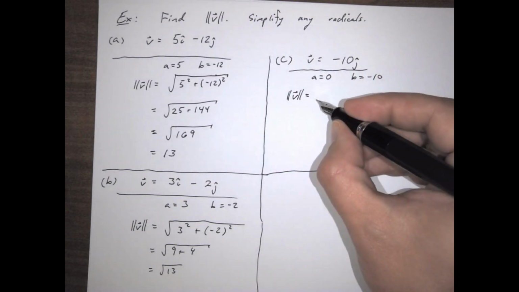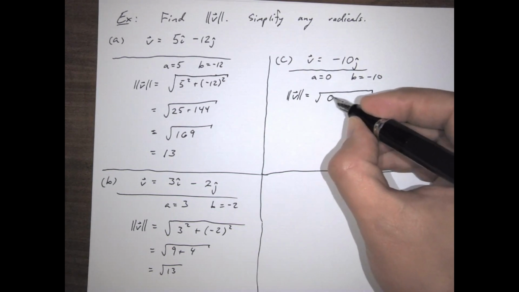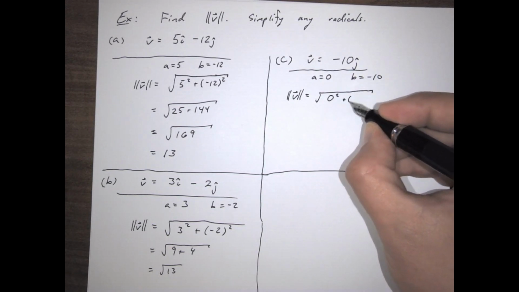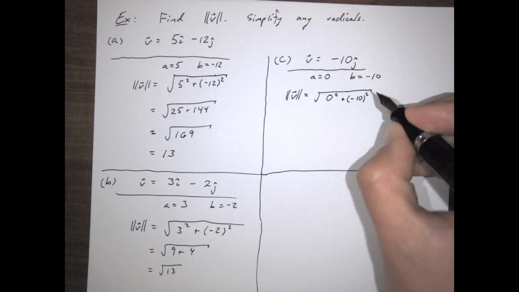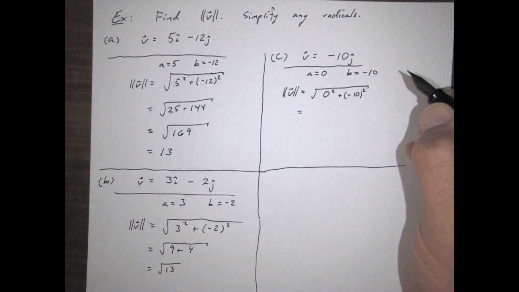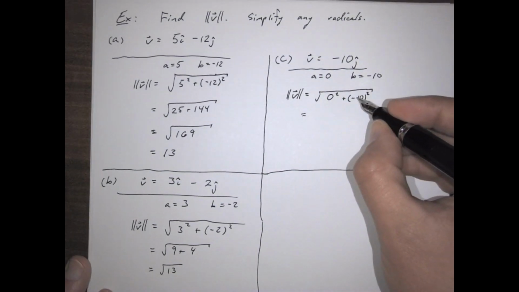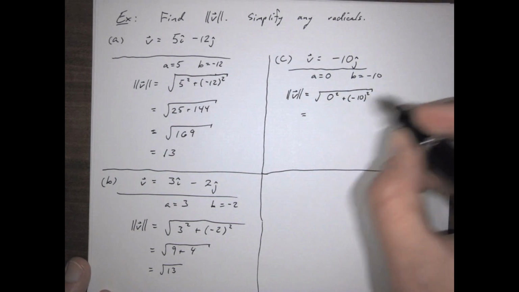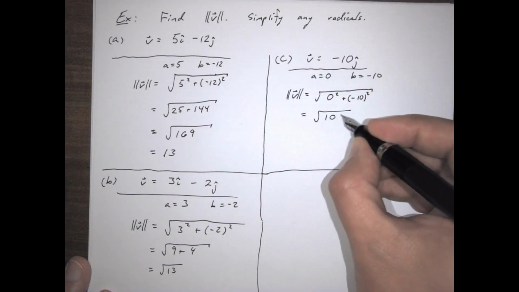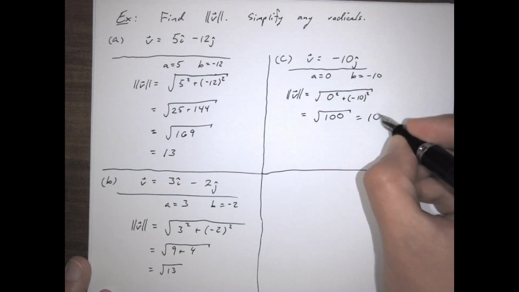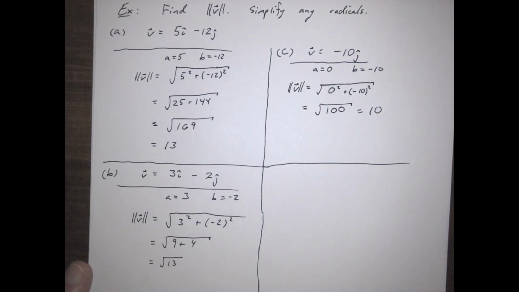But you don't even need to draw the picture, you can just use the same old formula and it will give you the same valid answer. So negative 10 squared becomes positive 100, square root of which just equals 10. And that, of course, is exactly what it should mean, because this is saying that the vector is pointing purely in the y direction, 10 units, and so the length would be 10.